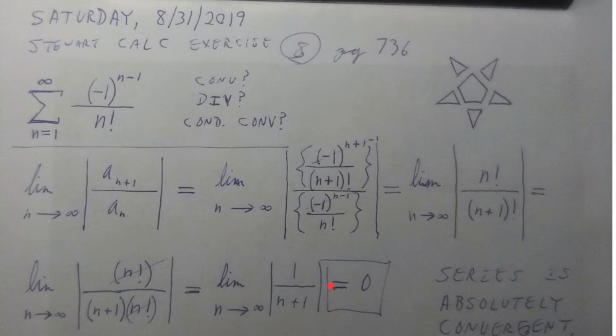And I think I took artistic liberties with a box here, but that limit equals 0, therefore the series is, ta-da, absolutely convergent. So it converges, its absolute value converges, and not much more to say about that.